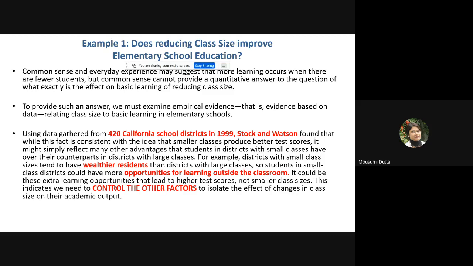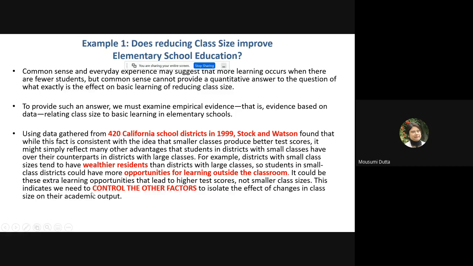However, if you collect data, 420 California school districts in 1999 were considered by Stock and Watson, and they found that wealthier residents are sending their kids to this kind of schools, and they can give support to some opportunities outside the classroom too. Combining several aspects, their result may be very good.